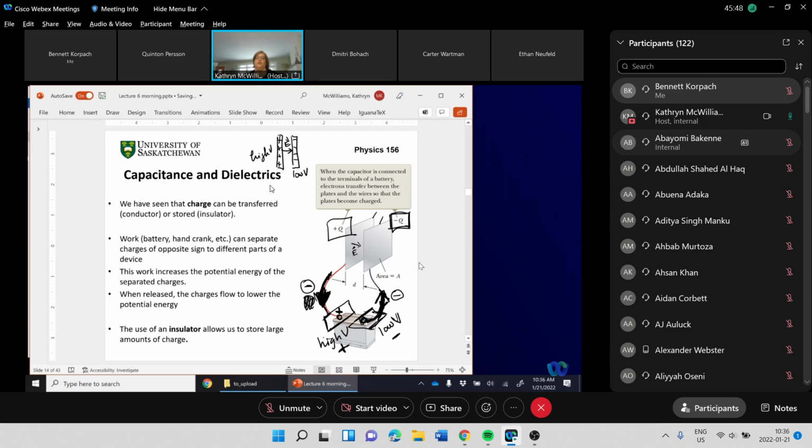So charges flow until the electric field between these plates grows big enough, and you'll have a delta V across these plates. Okay, so the charges flow until the delta V across the plates is equal to the delta V across the battery, and then everything stops moving because there's no more force that can happen. Okay, there's a balance there. Does that make sense? After that slight wrong detour, my apologies.